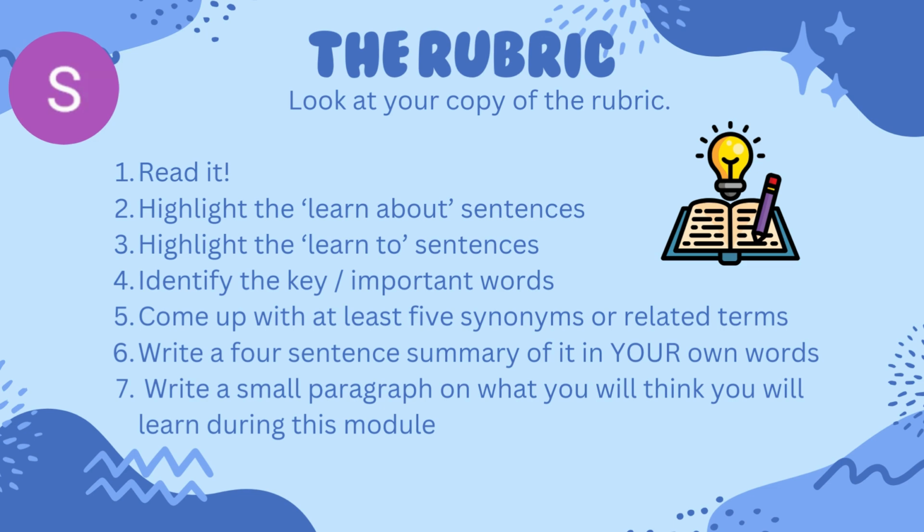So if you've got statements focusing on the reading to write and what that means, then that might be a learn about sentence. Your learn to sentences are much more focused on the skills. So your learn to are the things that you're going to have to do. You might have to analyze, you might have to craft, you might have to write, you might have to reflect. So think about those differences in those sentences as well.